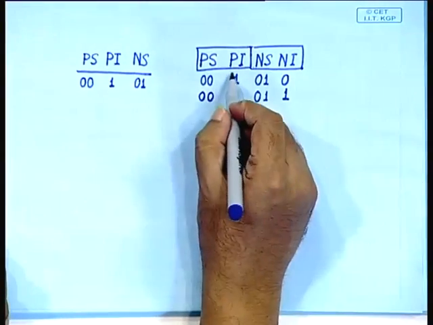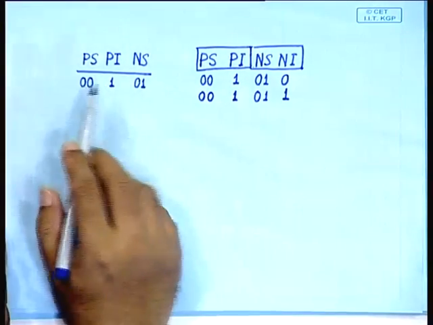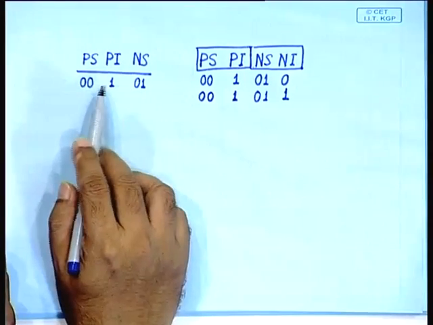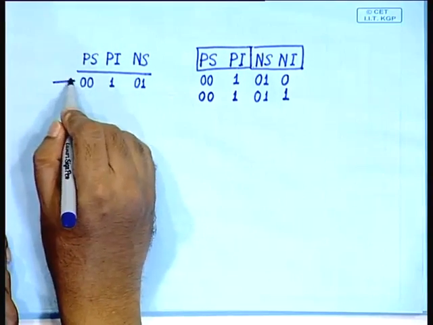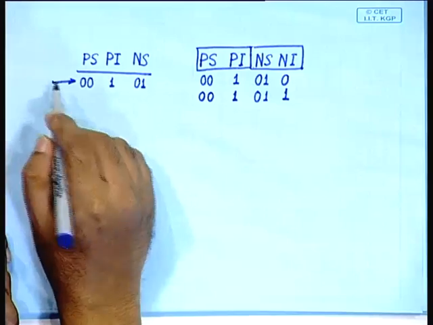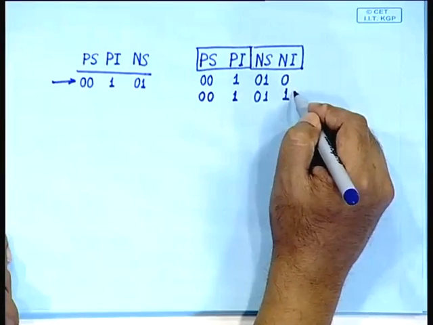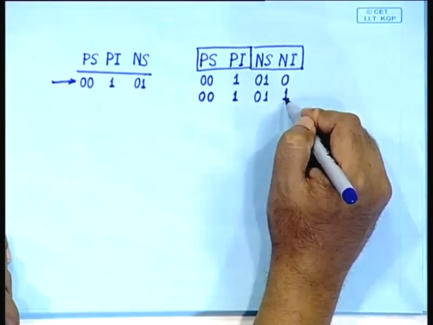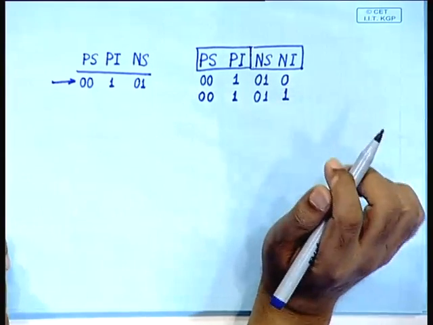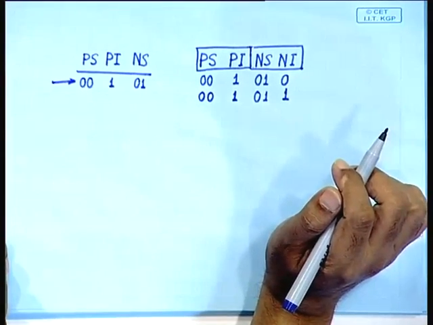Now, if you look at this, did you see what happened? This entry in the traditional truth table got split up into 2 entries because the next input is not known. So, it could be 0 or 1, right.